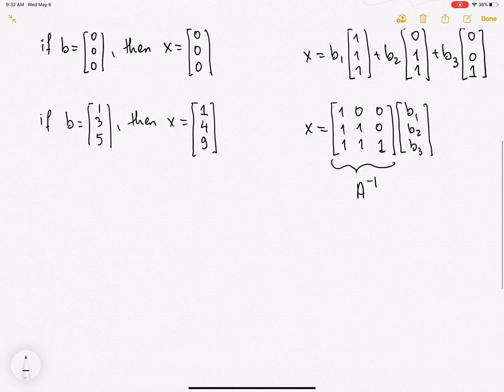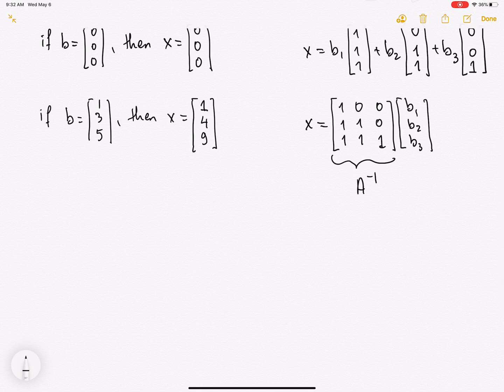Now, when we have this A inverse, we can use it to find any x given a b. So let's see how that will work. Let's say we have the vector b equal to 1, 1, 1. Let's see what vector x it came from. We can use the A inverse matrix.